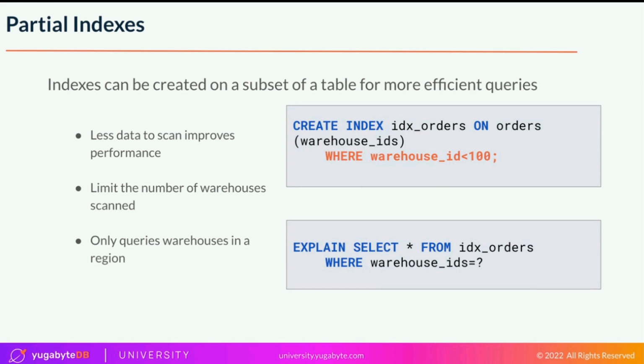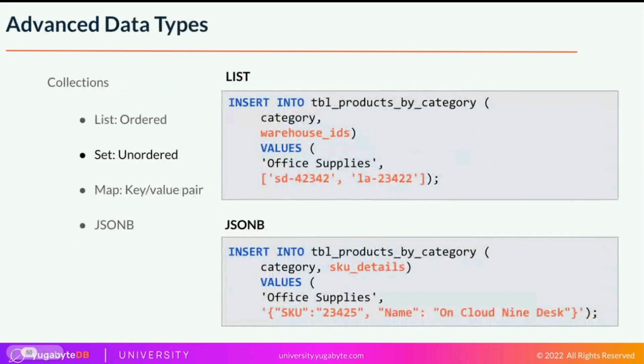In the next slide, we're going to talk more about the advanced data types. This is specifically important in a semi-relational database like YCQL, because of course we're talking about being able to query all your data from a single table. What helps is having all your data in that single table, and these complex advanced data types really help you do that because they give you access to things like lists.